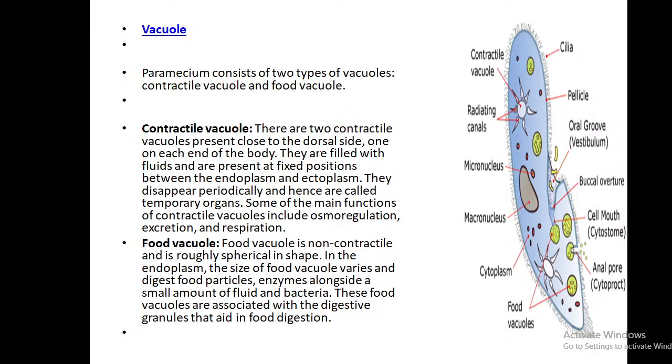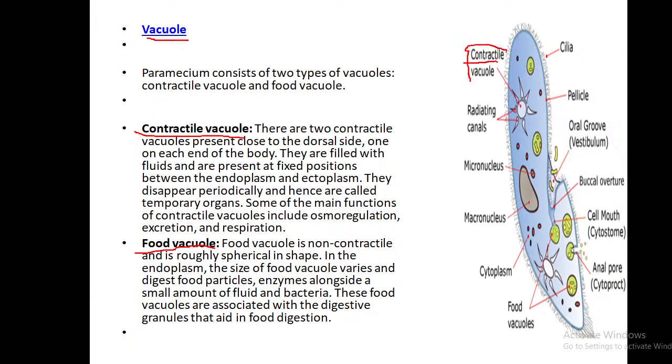There are two types of vacuole. One is contractile vacuole and the next one is food vacuole. Paramecium has two vacuoles, contractile vacuole and food vacuole. So first one is contractile vacuole. You can see here contractile vacuole.